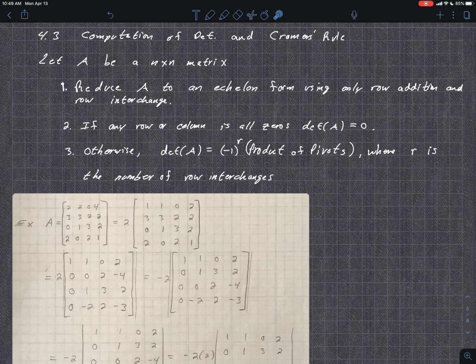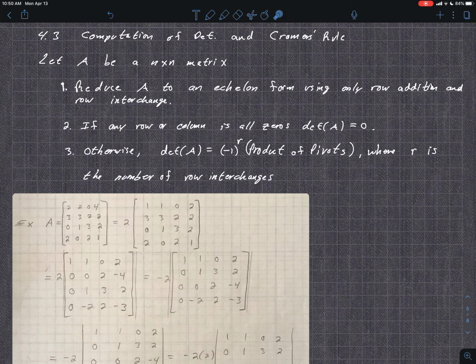And two, if any row or column is all zeros, then we know the determinant of A is equal to 0. Once you've done that, the determinant of A is (-1)^R, where R is the number of row interchanges, times the product of the pivots, which is nice, right?